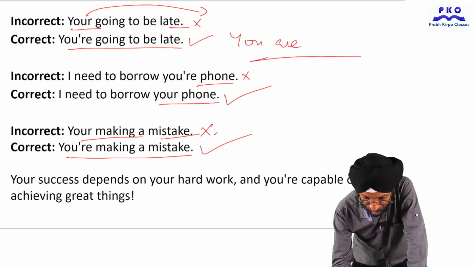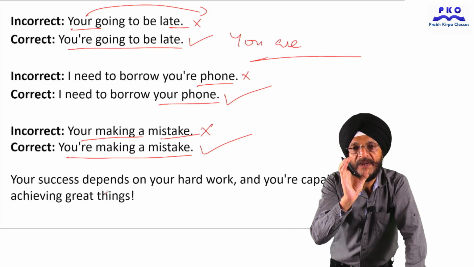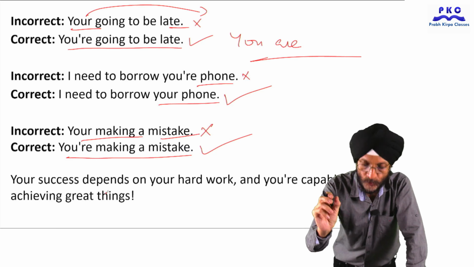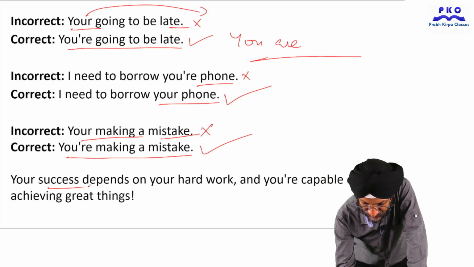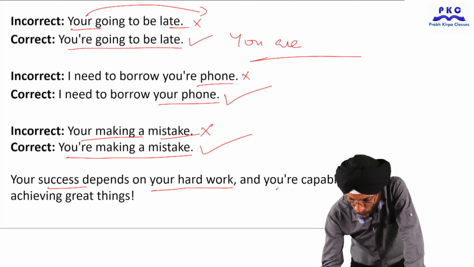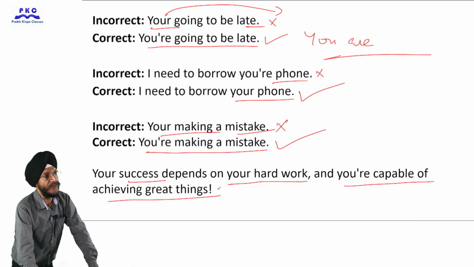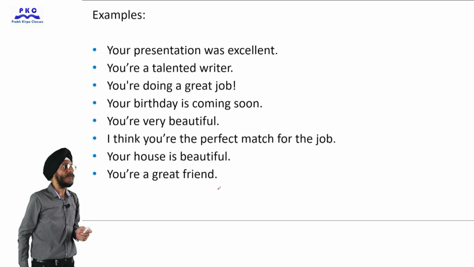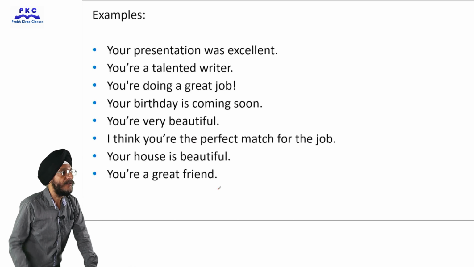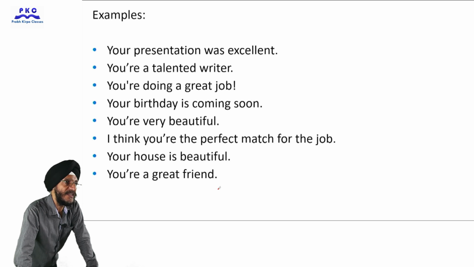Now we take the example of a sentence where we have made use of both your as well as you're. Your success depends on your hard work and you're capable of achieving great things. Examples where we have made use of your as well as the contraction form you're.